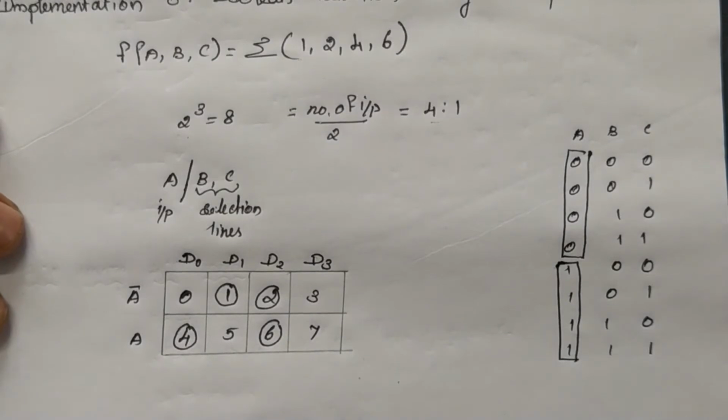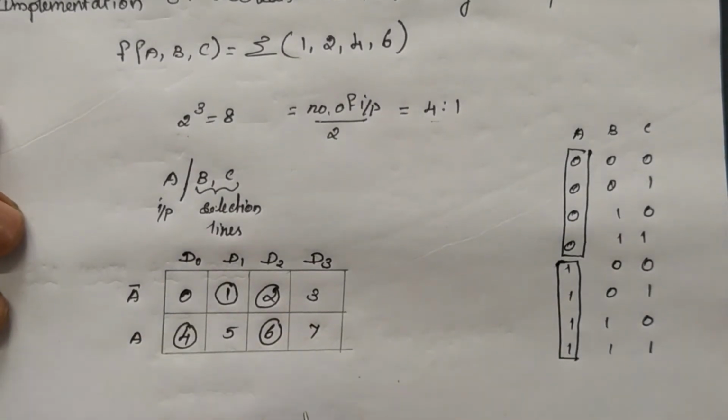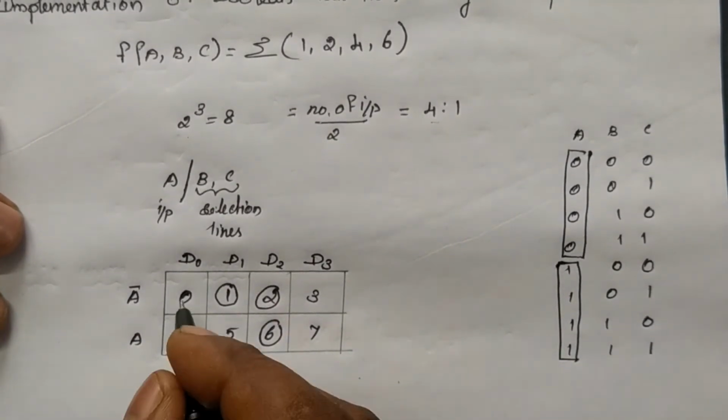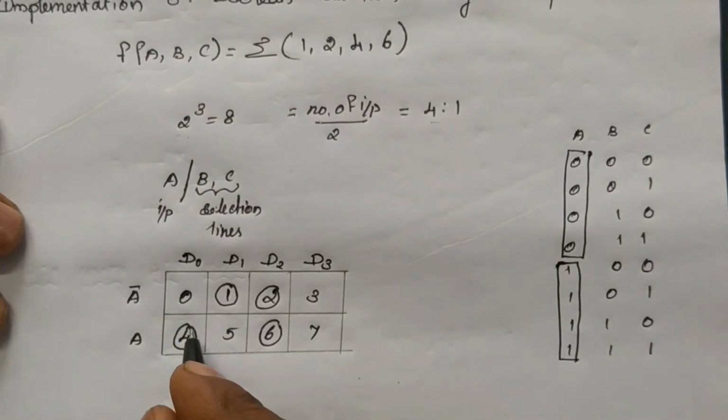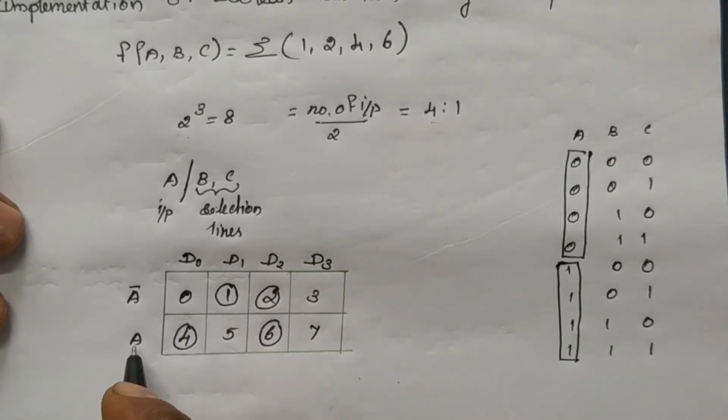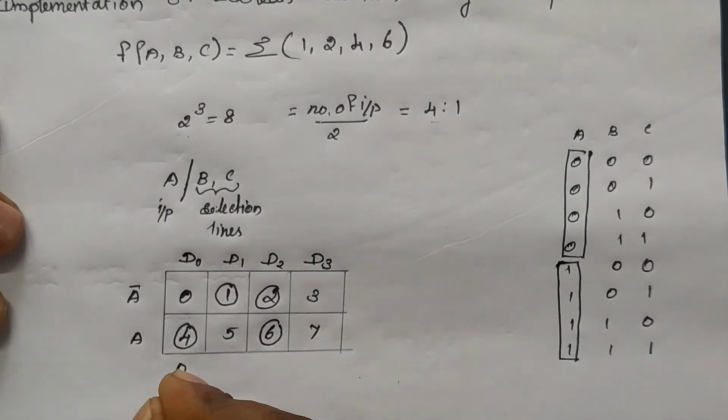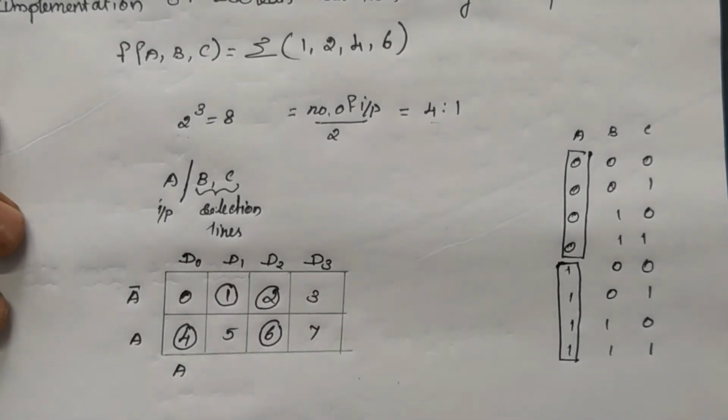Now we need to check column wise. In the first column we are having a circle at the second row. In that row the value belongs to a, therefore we need to make the value a.